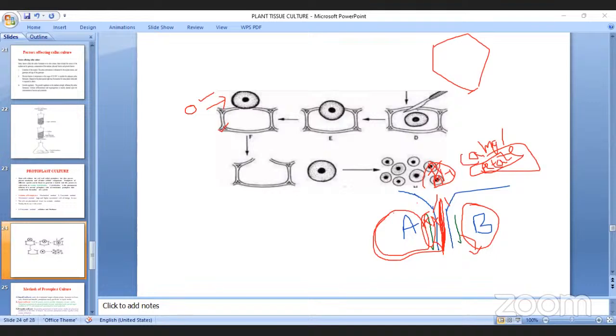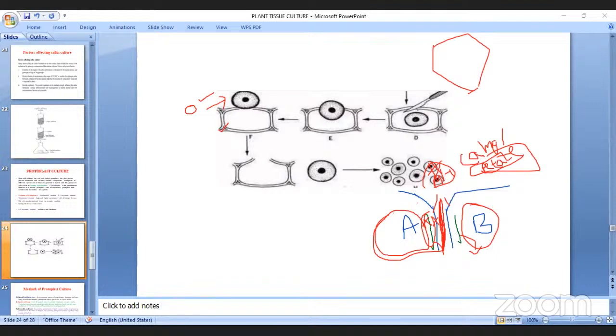So mainly two enzymes, pectinase and cellulase. If we apply cellulase and pectinase to the tissue, both enzymes can dissolve the cell wall and separate the protoplast from it.